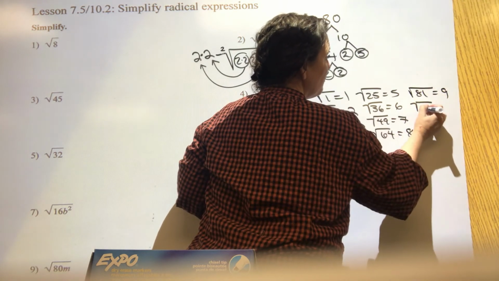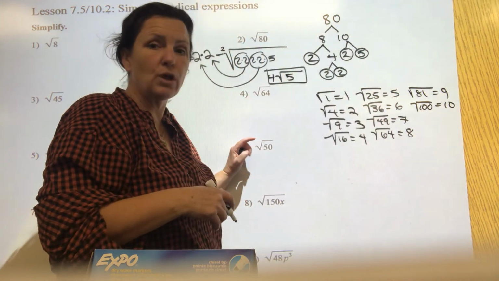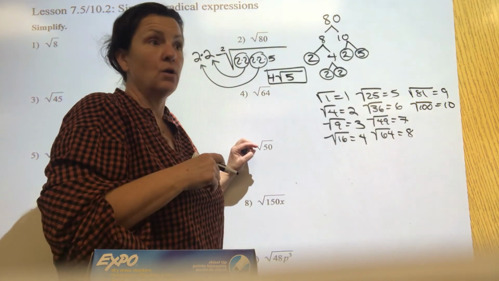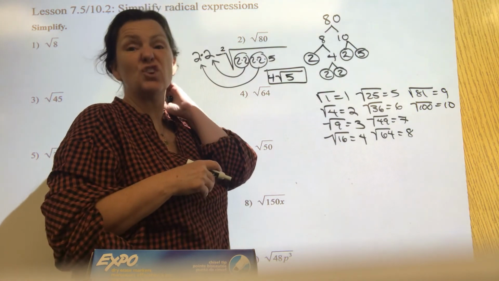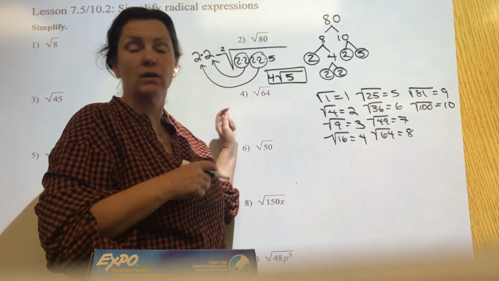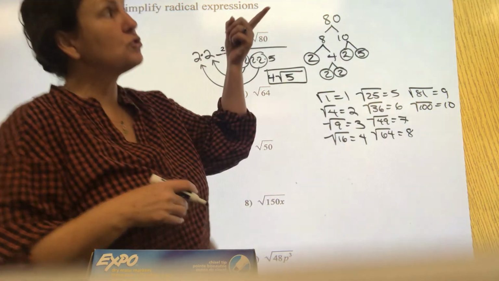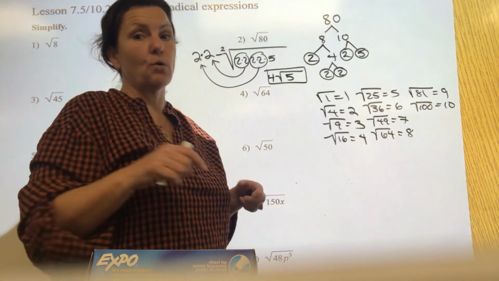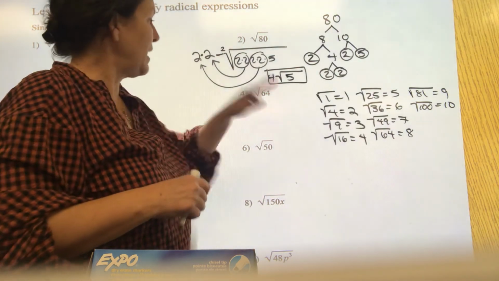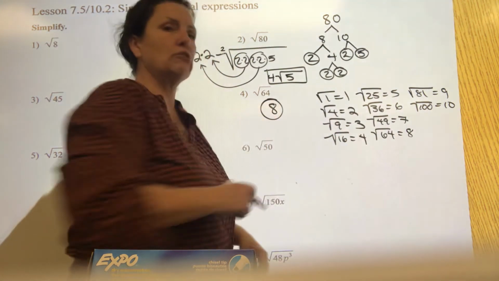The square root of 100 is 10. And it goes on and on from there. 121, 144, 169, 196, 225, 256, 289. I do have a poster on my wall of the perfect squares, and you're also welcome to always reference it, okay? So I see that 64 is a perfect square. So I'm just going to go with 8 and call it a day.